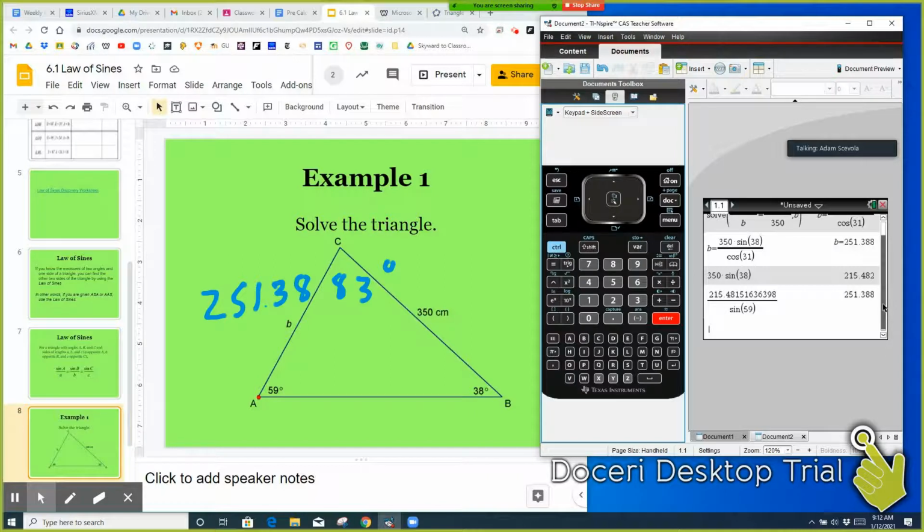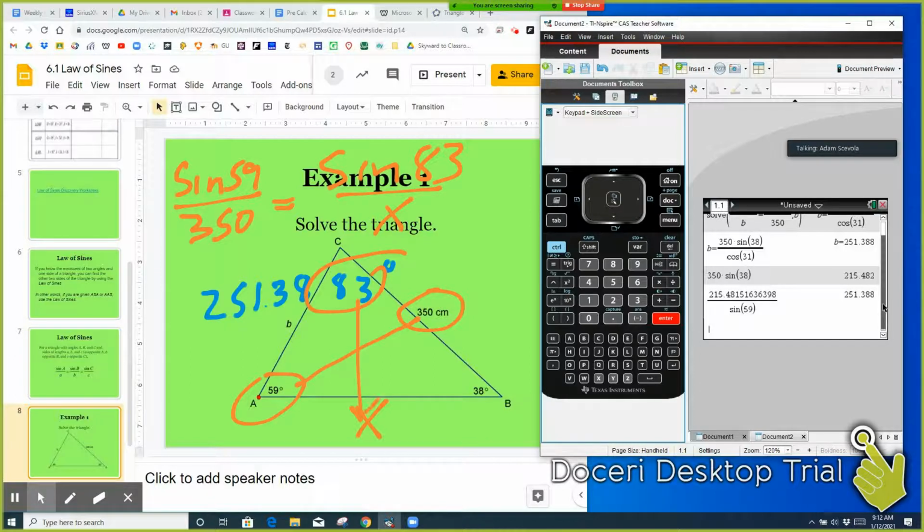Now we have to find this missing side here. I would always use the sides and angles that you're given because you know they're not wrong. So again, we could do the sine of 59 over 350 equals the sine of 83 over x. That over that equals that over the side across from it.